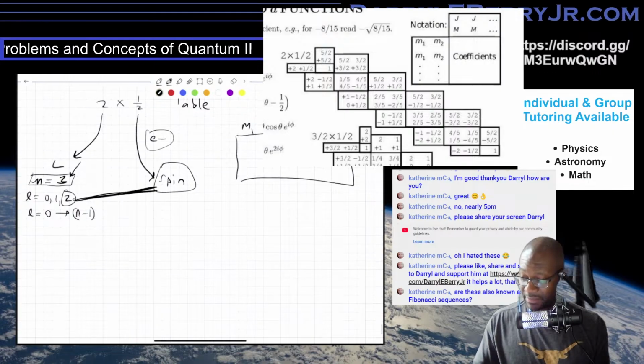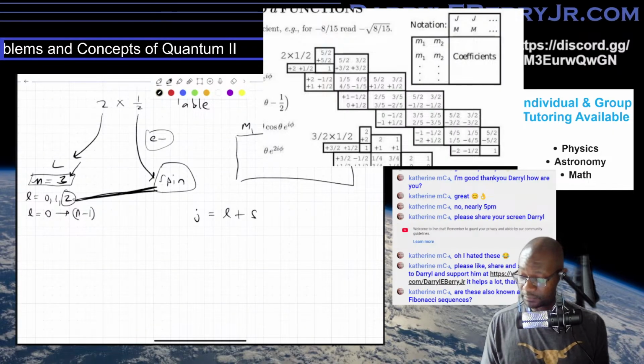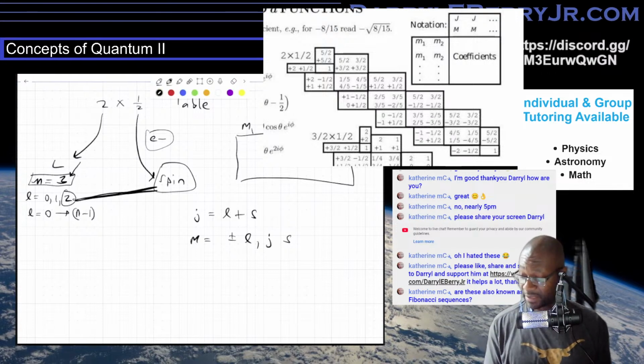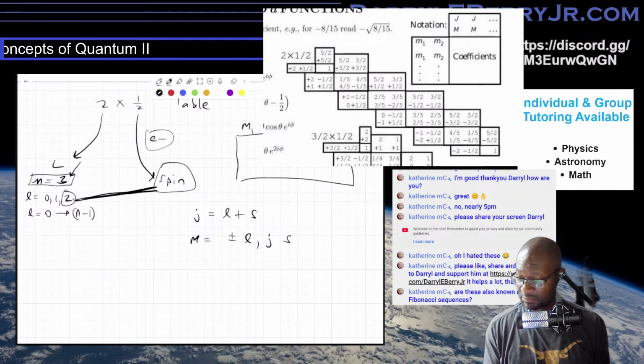We could just remember that J is going to be L plus S, and M is going to be plus or minus L or J or even S. Everything has an M, which is like a subcategory of that. But we'll go ahead and look at the J's right now.